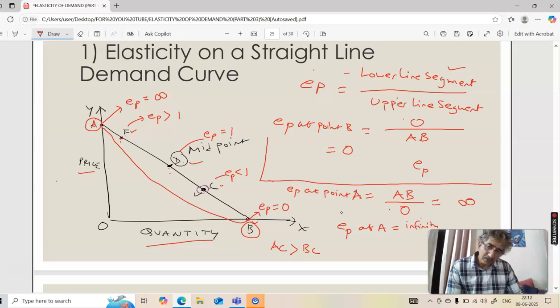As we reach the midpoint D, price elasticity is equal to 1. As we go down further and reach point C, price elasticity is less than 1. And when we finally reach point B, on the x-axis, price elasticity has been reduced to 0. So that was the conclusion. With that, I conclude this class.